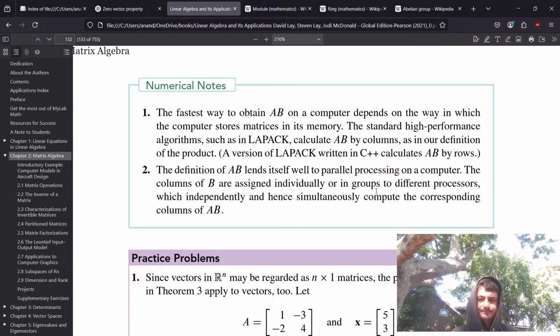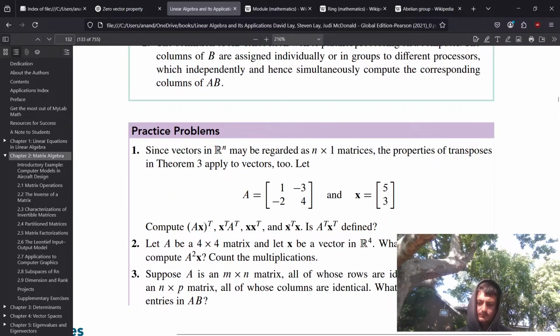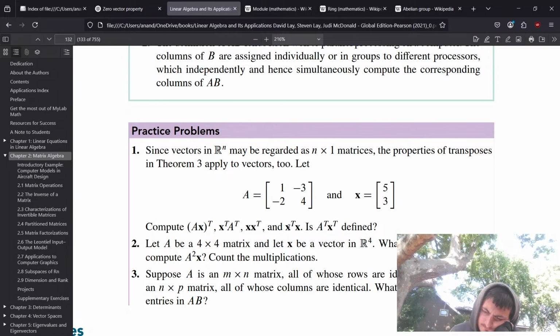Okay. Okay. Let's do the practice problems.